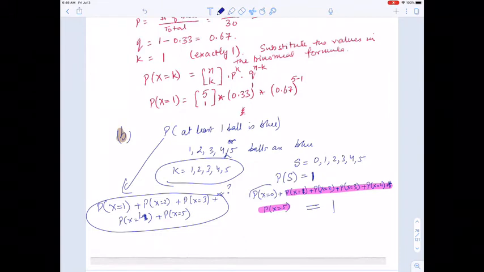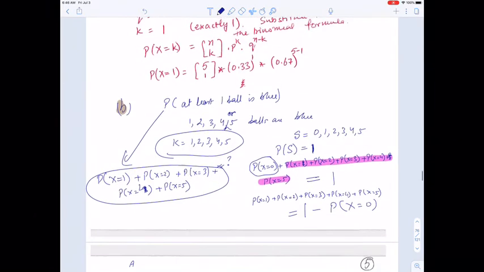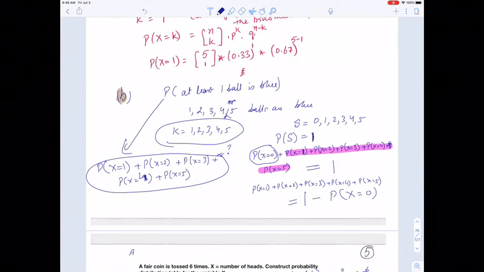So if we take the other term to the other side, what do we get? This pink portion, probability X=1 plus probability X=2 and so on, must be equal to 1 minus probability X=0.